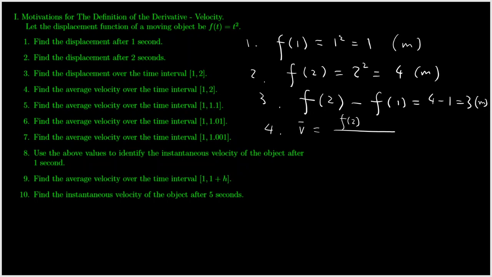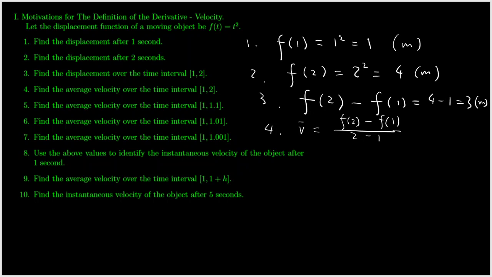So do not lose track of the meaning of all the values of the function. f of 2 is the distance traveled after 2 seconds, and f of 1 is the distance traveled after 1 second, right? So in the numerator you have the distance traveled from 1 second to 2 seconds. And then the time elapsed is 1 second, of course. Use 2 minus 1 to denote the time elapsed.